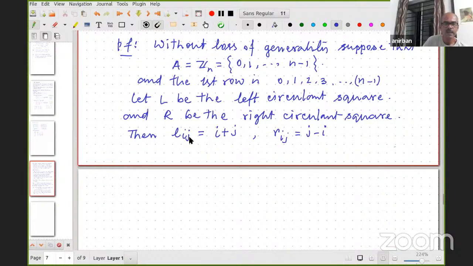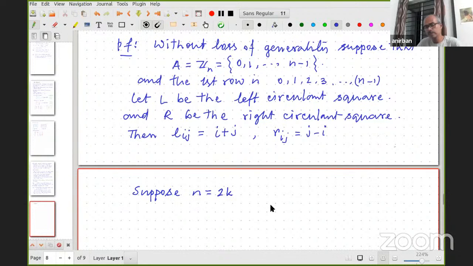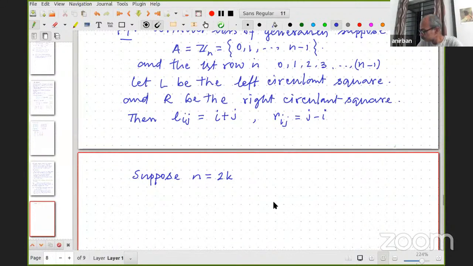Now suppose that n is even, so n is equal to some 2k. Then k and minus k are the same modulo n, because their difference, which is 2k, is divisible by n.